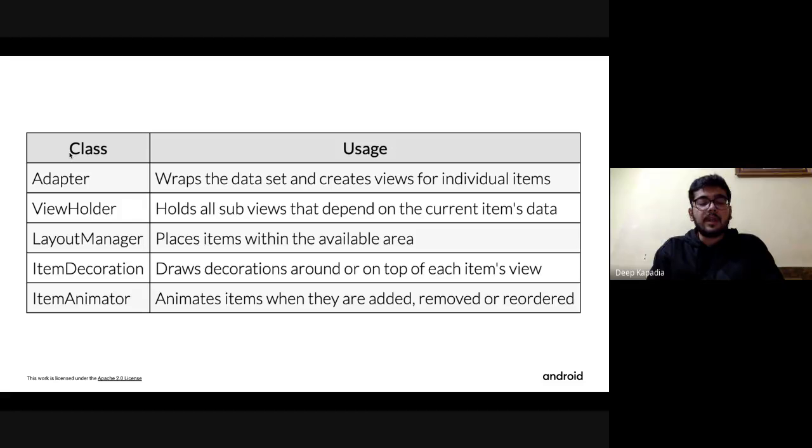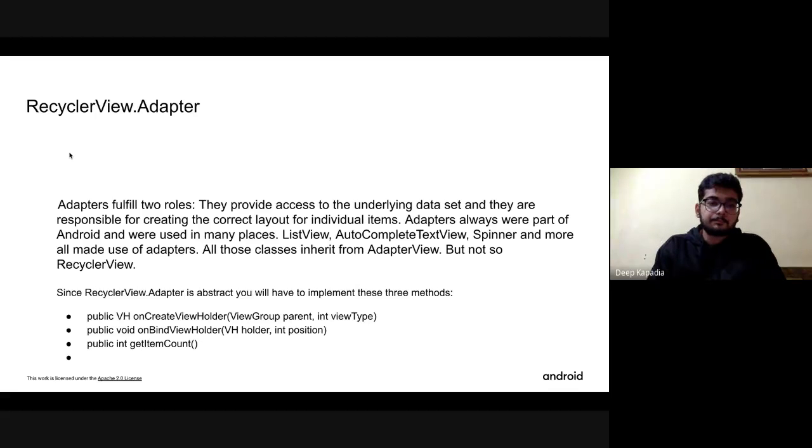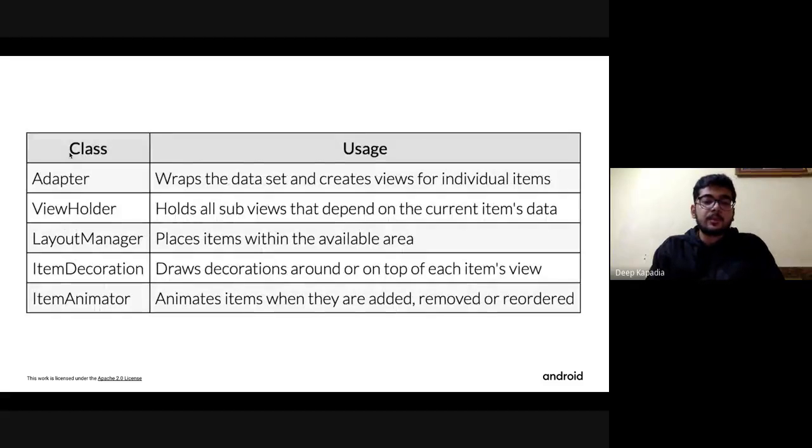Item decoration: via item decoration we can decorate our RecyclerView. Item animation: when we scroll down we need some animation, so via item animation classes we can animate our app or RecyclerView. We are going to implement the adapter, view holder and layout manager in our app, so we will see that in a while.